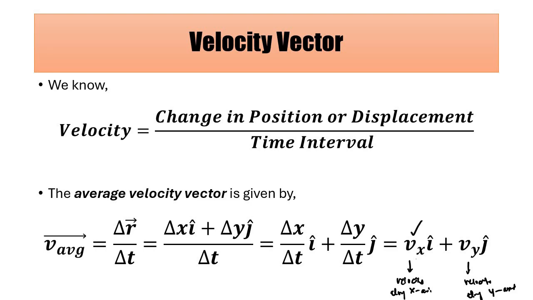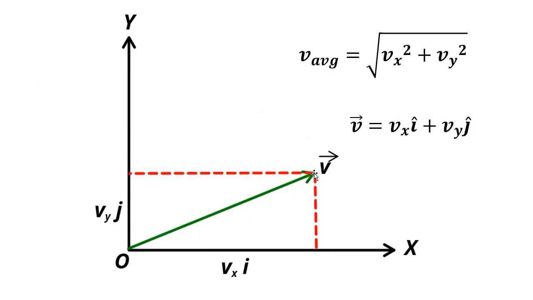So the average velocity vector can again be resolved into two components: the x component, which is the velocity along the x-axis, and the y component, which is the velocity along the y-axis. Let's say this is the average velocity vector. It has the x component along the x-axis and the y component along the y-axis, Vx i cap, Vy j cap.